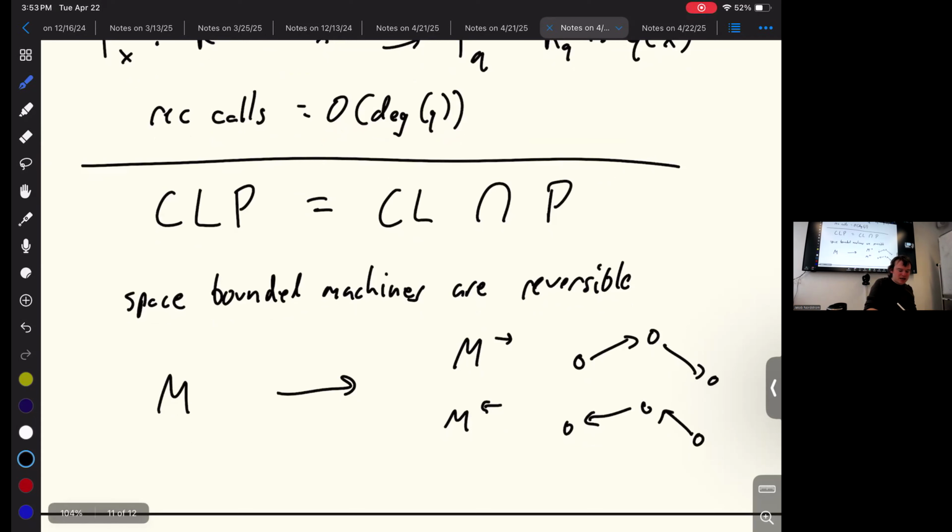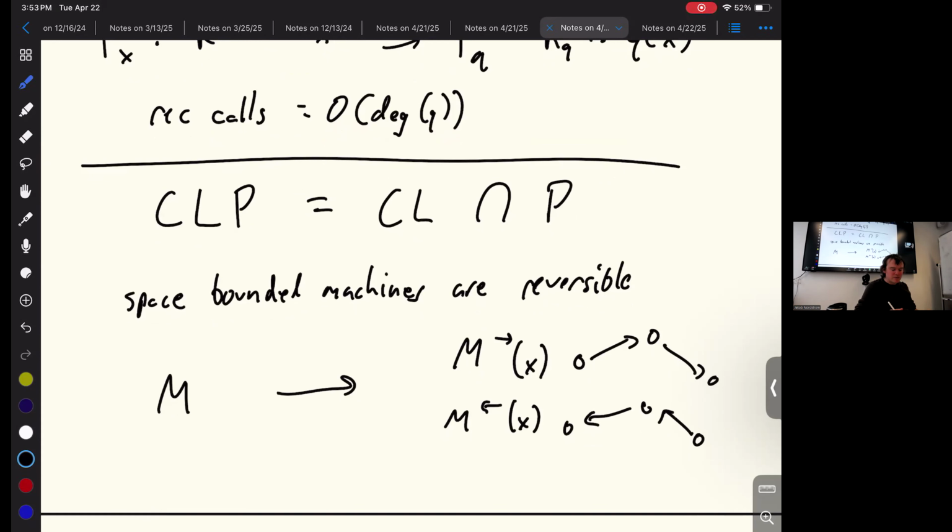A state is a configuration of the machine. So think of it as whatever's written on my log space work tape, plus the state itself within the DFA that's coding up the machine's brains, plus the positions of the tape heads, just all the information about a configuration of the machine. So by machine, we really mean the input is fixed as part of the machine? Oh, sorry, this is right. This is saying that once I fix x, the machine M backwards acts as the reverse of M forwards.